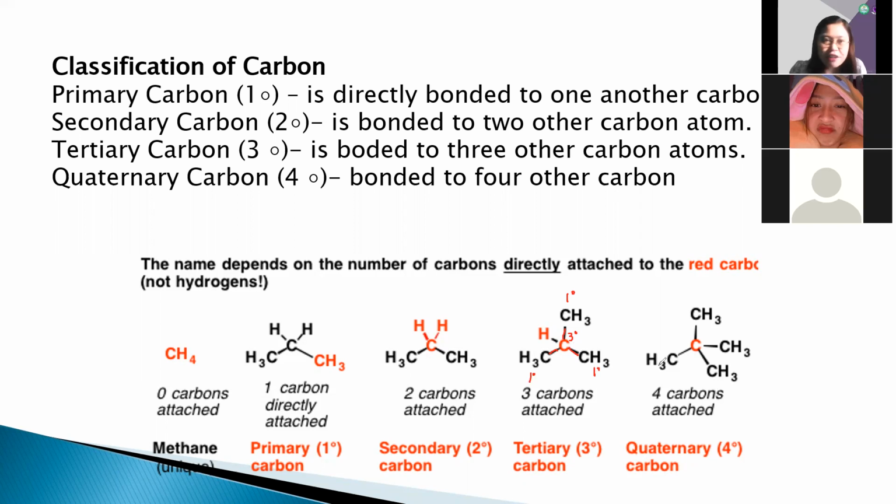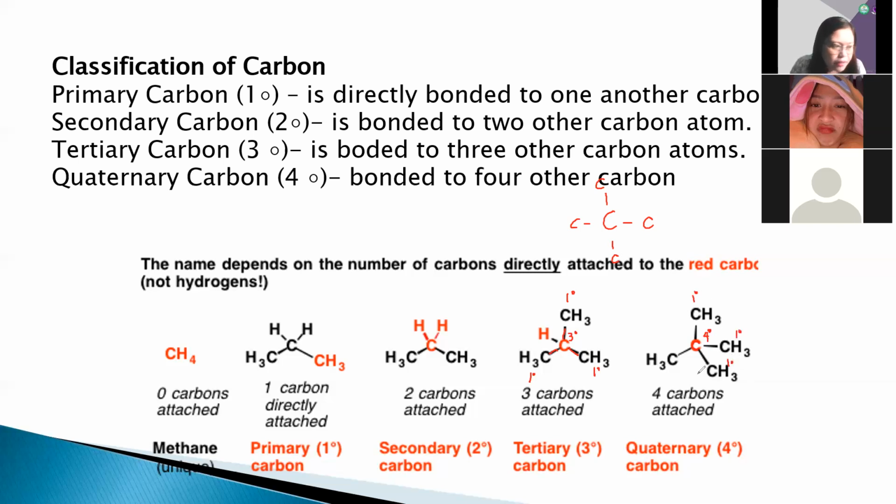And then for quaternary carbon, we have here quaternary carbon, lahat talaga ubos. Di ba si carbon, 4 na bonds ang kaya niya? Pero kung silang lahat hindi hydrogen, carbon talaga silang lahat, gaya nito at the center, magiging quaternary carbon na siya. Though yung iba, primary sila.